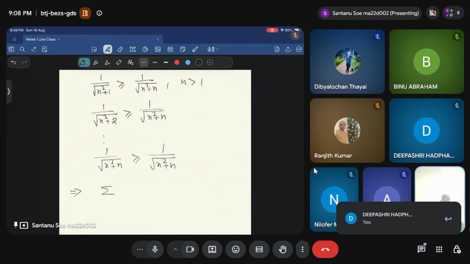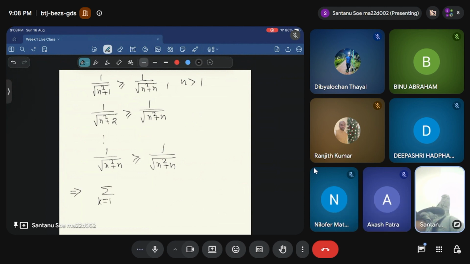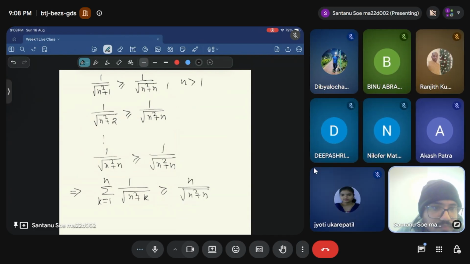So this implies that the summation of k equals 1 to n of 1 divided by square root of n squared plus k is greater than or equal to n divided by square root of n squared plus n, because we are just doing the summation. You sum all the terms on the left side and all the terms on the right side. There are n terms on the right side, correct? So this will be just n divided by square root of n squared plus n.